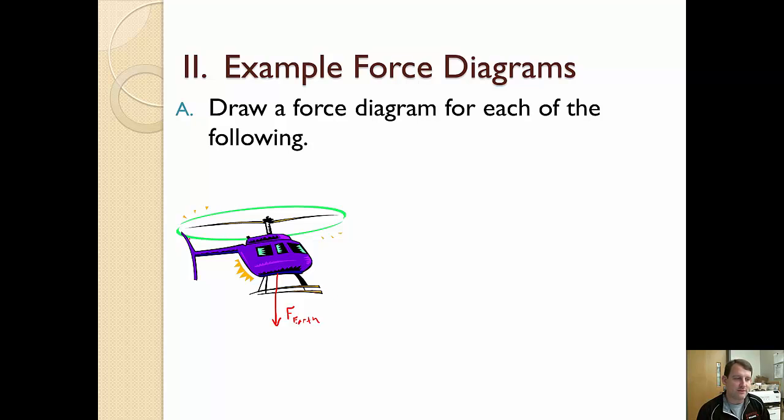The blades of the propeller are moving, and the blades push air down, which Newton's third law tells us if the propeller pushes air down, the air pushes the propeller up. So we have an upwards force on the propellers here. And we need to label that F, and then what object causes that force? Oh gosh, it's surprising, but it's the air that's being pushed down that pushes it up.